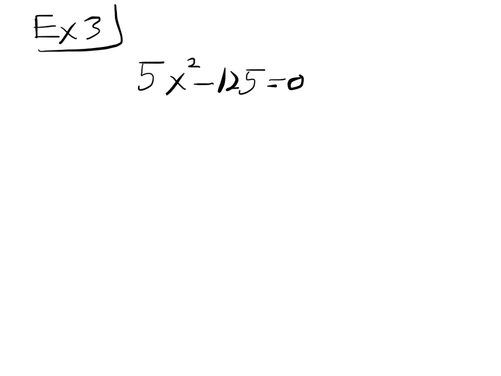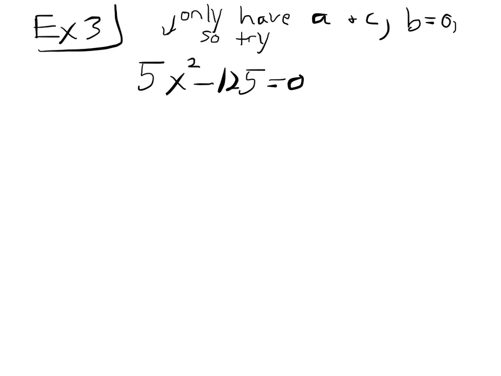If we look at this, we only have A and C. B is equal to 0. So let's try using square roots.